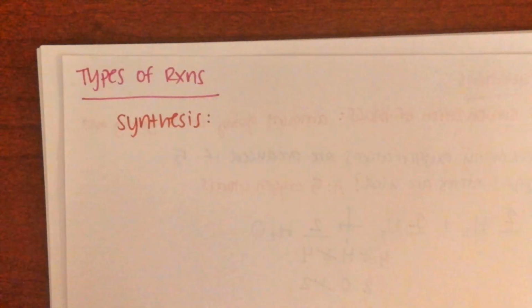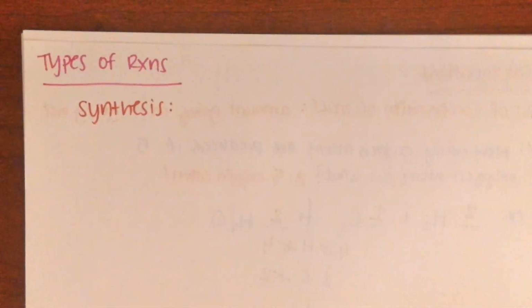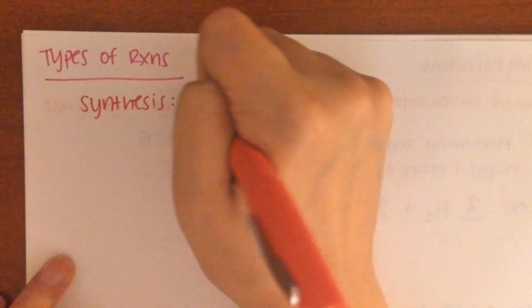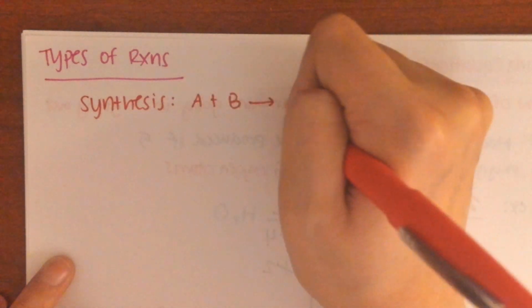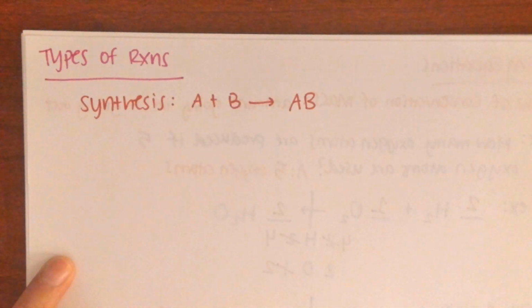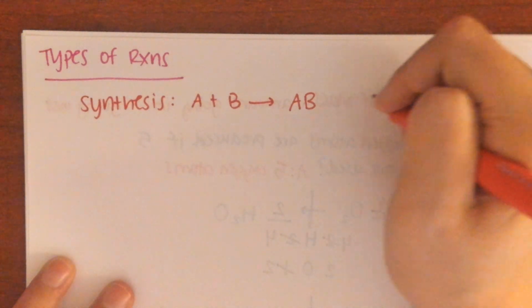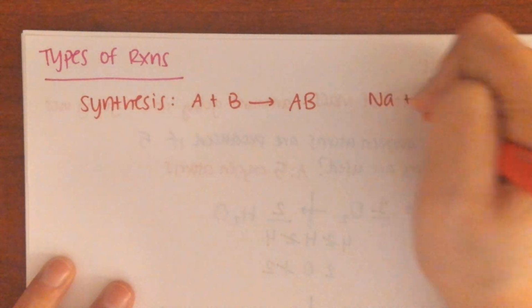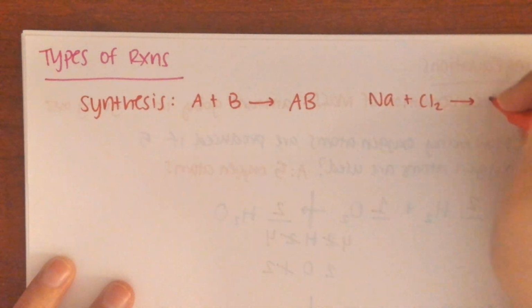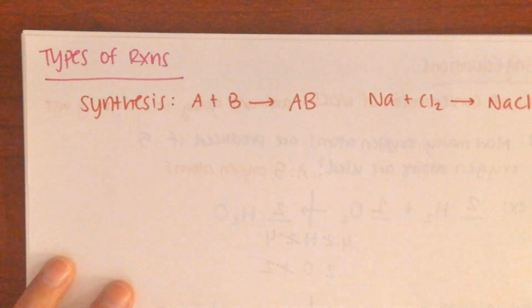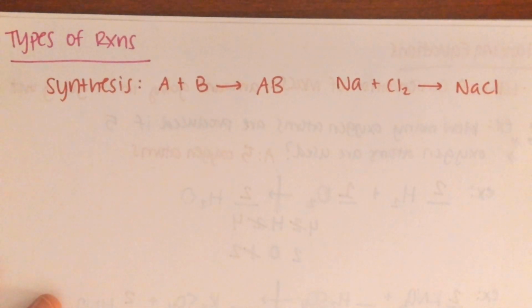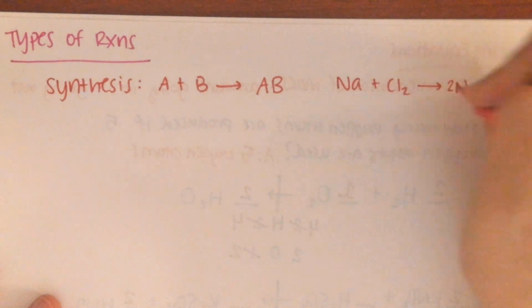That's when you have two separate elements add up together to make a compound. So that's A plus B makes AB. So for example, if I give you Na plus Cl2 makes NaCl. And if I were to balance it, it would be like this.